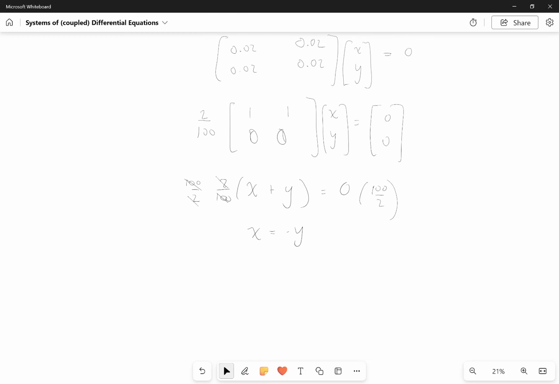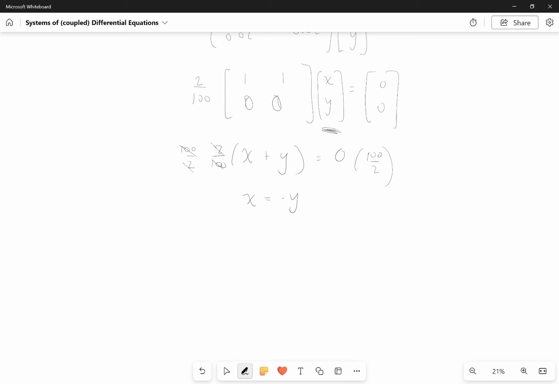Okay. So this x vector becomes, it looks like this. The x vector is x and negative x, or whatever value x is can be anything. So let me say b times 1, negative 1.